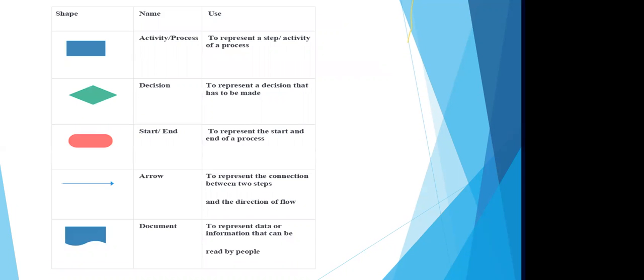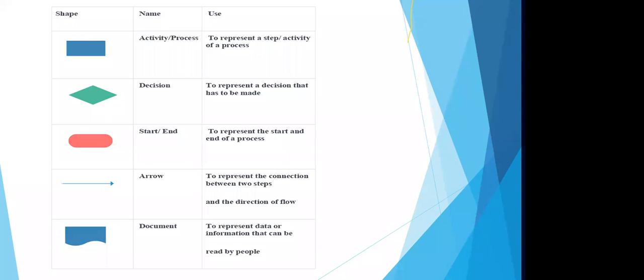Now there are different shapes that are used in order to create the process map. Let us look into these shapes one by one. Yes. So there is an activity or process depicted by a rectangle, then a decision depicted by a diamond. Start and end, where we have an oval shape, and arrows to depict the direction or flow or the connectivity between the different steps or operations.